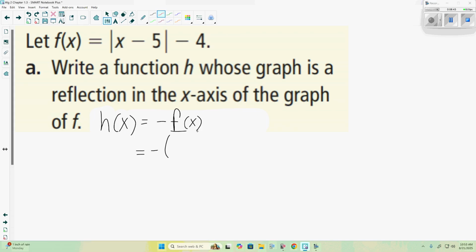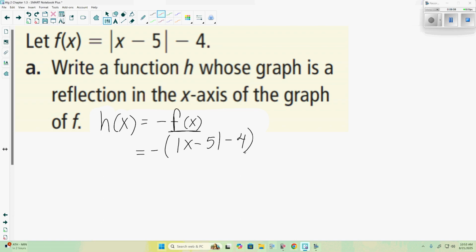Now we have the negative in front, but f of x is still just f of x. It's still referring to that function. So we can replace it with what it's equal to: our absolute value of x minus 5 minus 4. Questions so far?